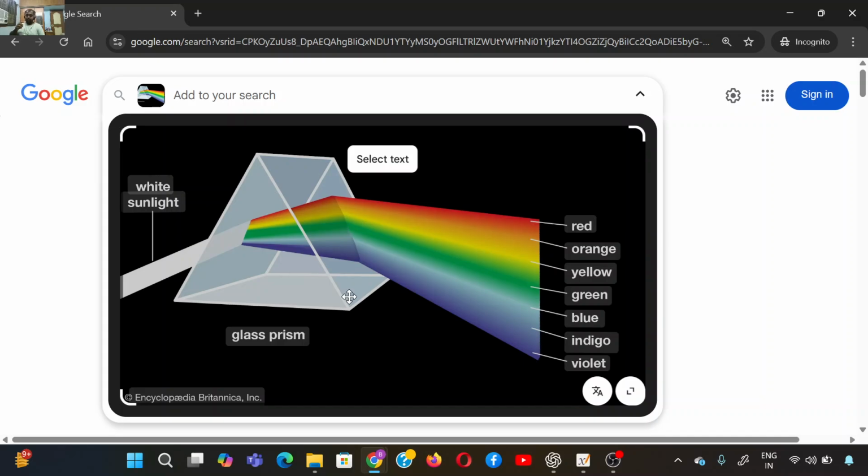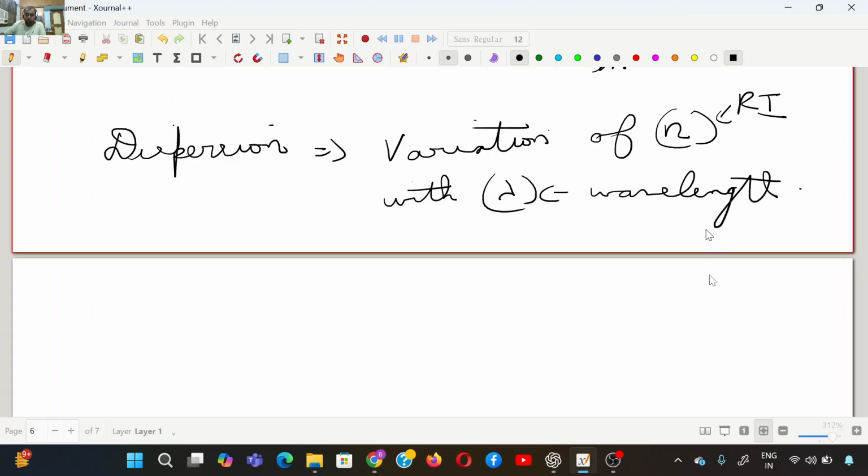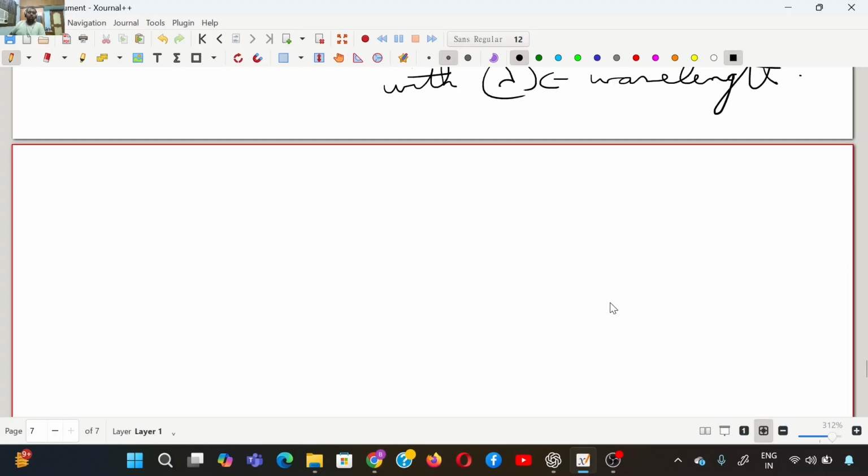Outside they travel at the same velocity, but when they enter the glass, each of them slows down by a different amount because each has a different refractive index. Blue light slows more than red light, violet light slows more than blue light. If it slows more, it bends more. Red light doesn't slow down that much, so it's more or less the same path. So least deviation is red light, most deviation is violet light. I'll just write it in words now, because these things will be components of the AES machine. That's what I'm telling.